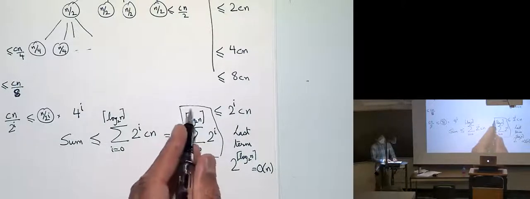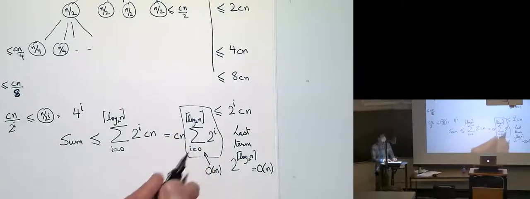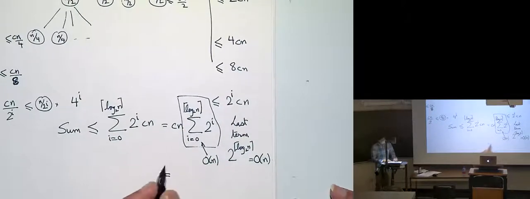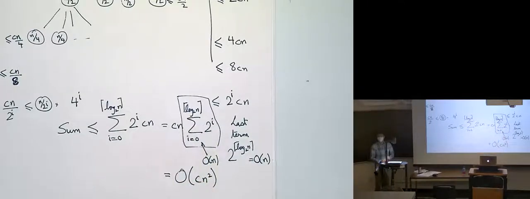So the sum over here is O of n. You can even argue it's at most 2 times n, or maybe a little more than 2 times n. So the whole thing just becomes O of n squared, keeping the constant in, because this gives you an n and that gives you an n.